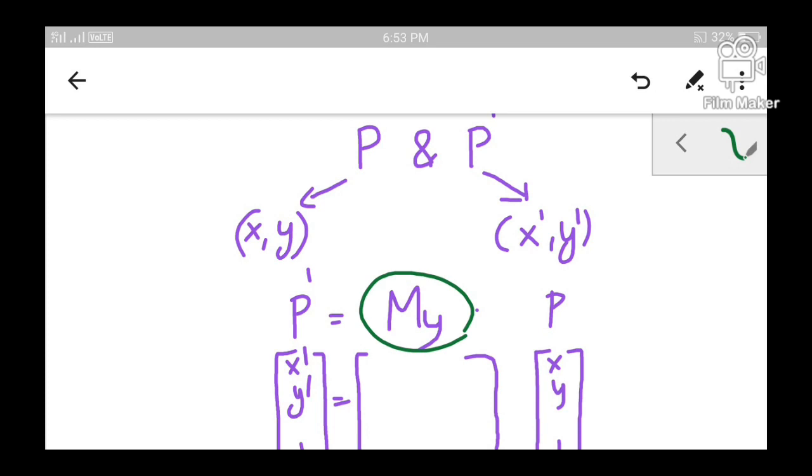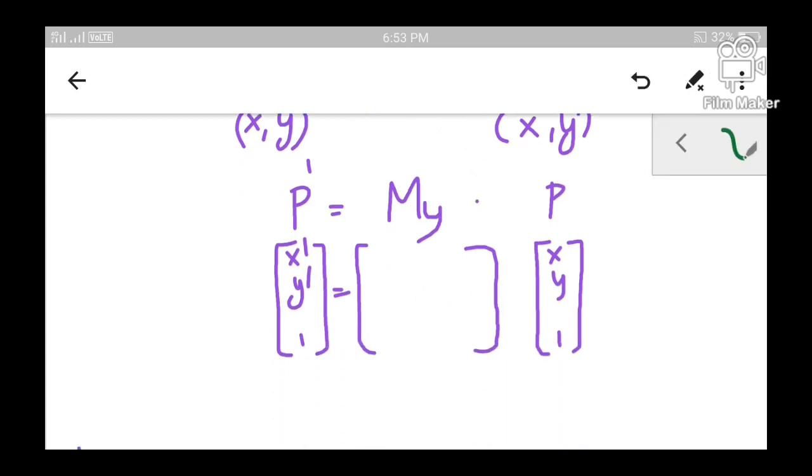The suffix y indicates that it is a reflection about y-axis, and M is written to represent that reflection is equivalent to mirror image. So I have used the letter M. Let us now see how we can write the matrix. P can be written as x, y and 1. P dash can be written as x dash, y dash, 1.